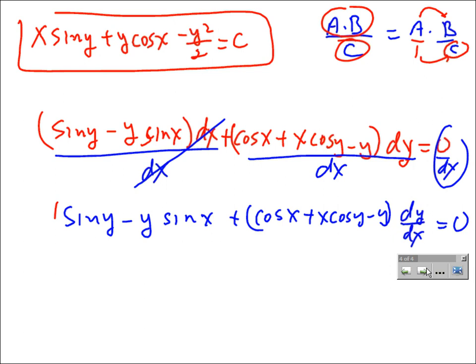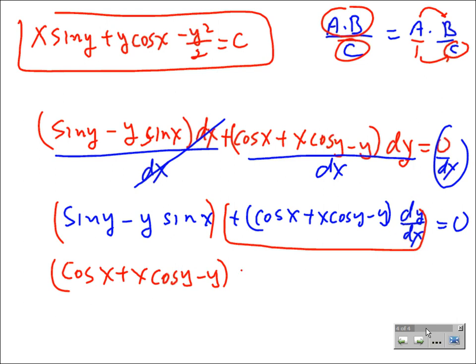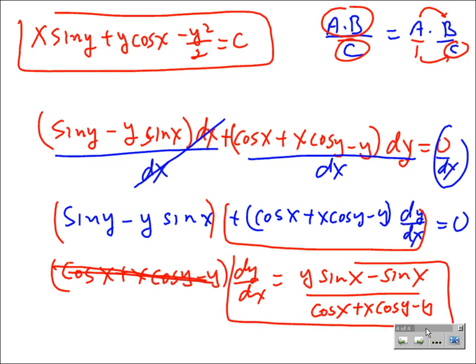Now, all I'm going to do is bring this to the other side. So I have this piece, cosine x plus x cosine y minus y times dy dx is equal to, when I bring it over as negative, it becomes this. And then I divide by this mess, cosine x plus x cosine y minus y. First let me get rid of this.